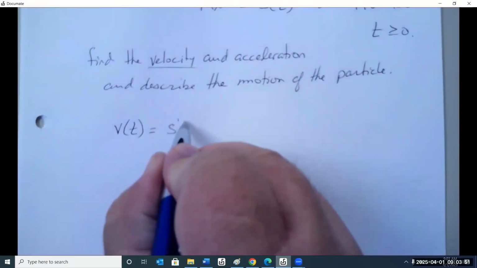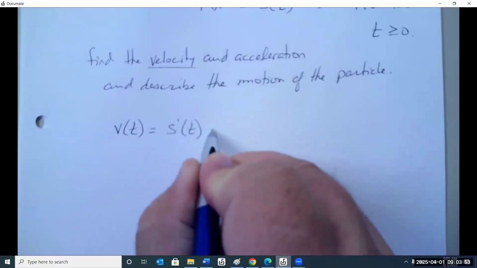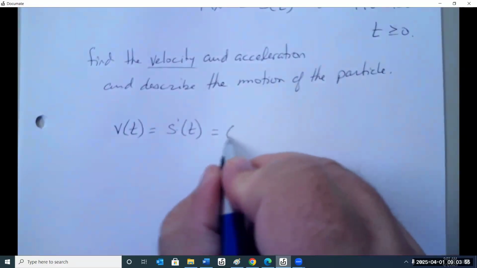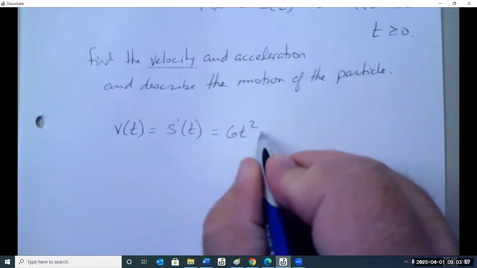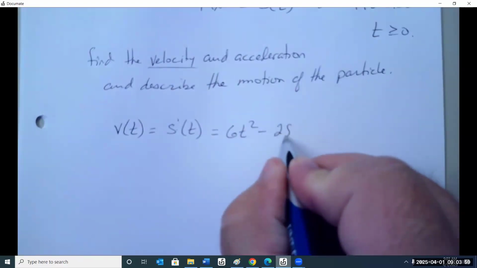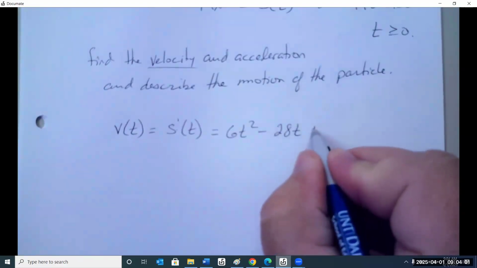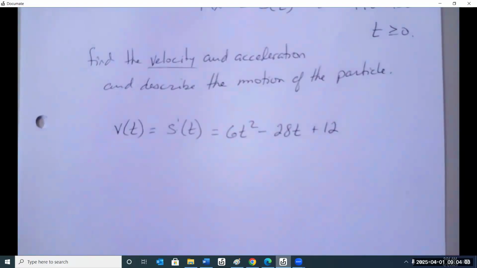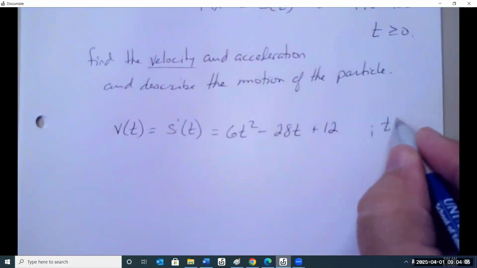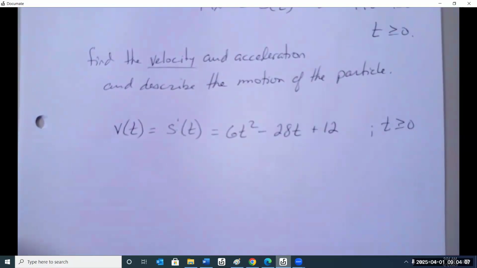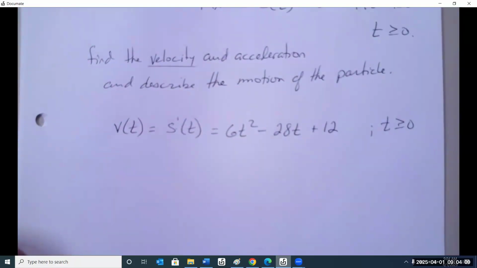It's the first derivative of our position function, which will give us 6t squared minus 28t plus 12. And t is still positive. Okay, what can you tell me about that? What can I do with that?